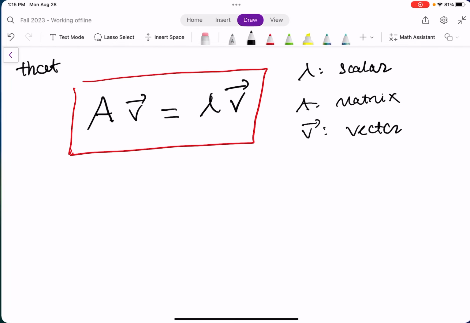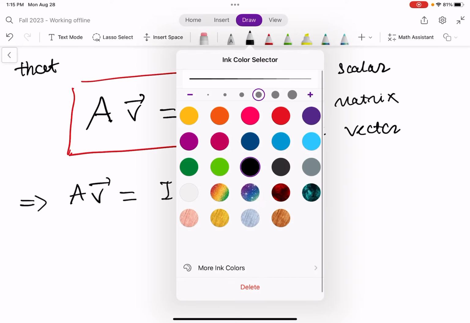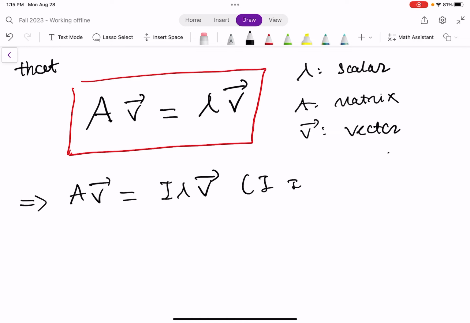So what I'm going to do is I would say AV equals I lambda V. What is I? I is the identity matrix. The reason is that if you apply the identity matrix to a vector, you get the same vector, but we need the dimensions to match.